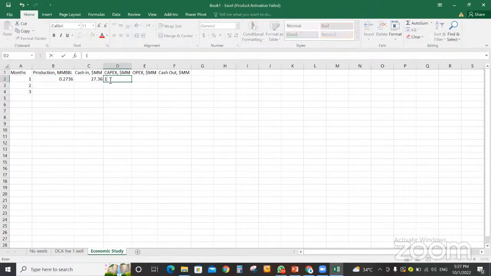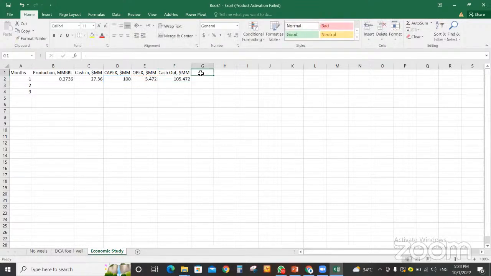The CAPEX was 100 million. The OPEX was $20 per barrel, so the OPEX will be 20 multiplied by the production. The cash out will be equal to the CAPEX plus the OPEX.